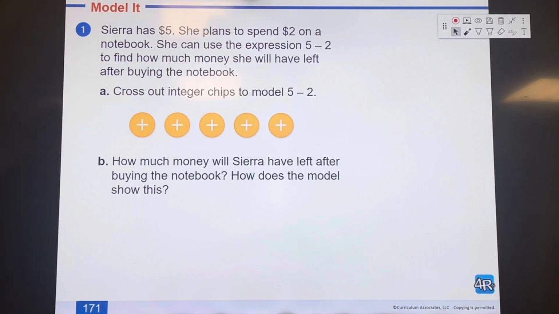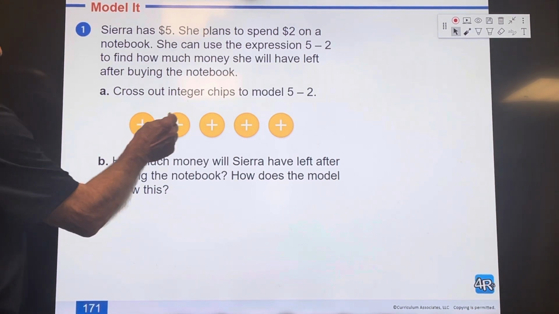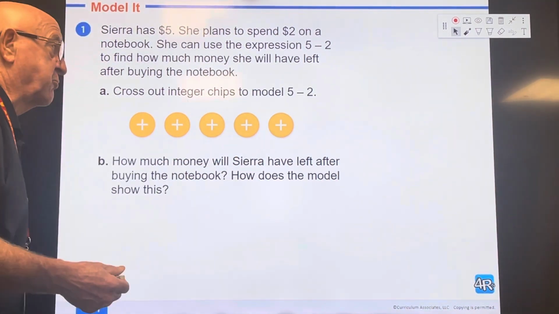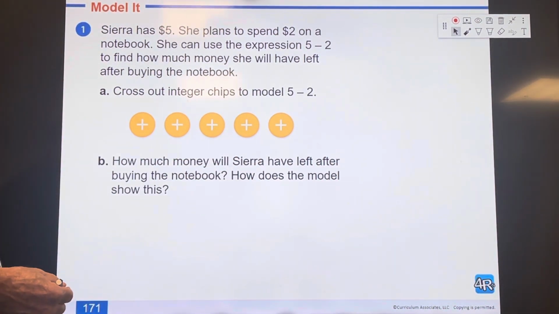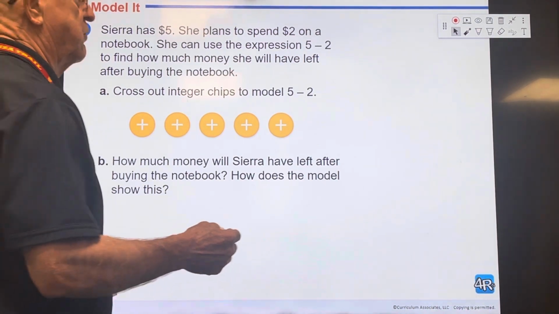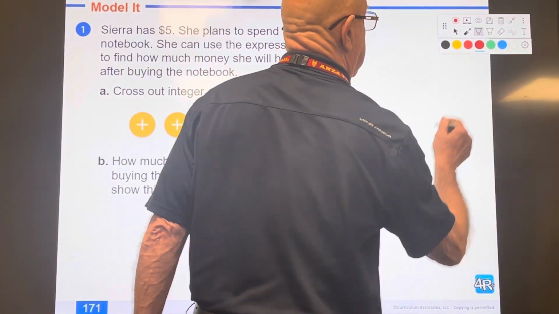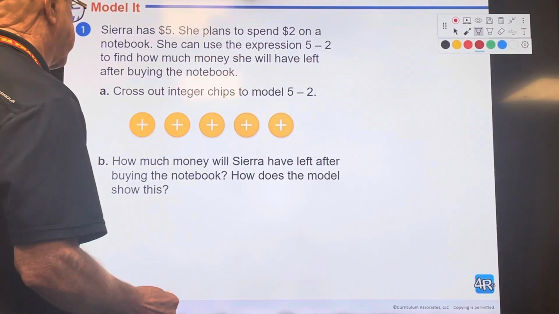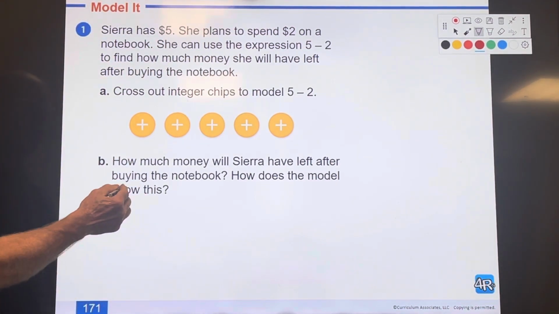Sierra has $5. She plans to spend $2 on a notebook. She can use the expression 5 minus 2 to find out how much money she'll have left after buying the notebook. If we do the counter chips, and these are positive chips, if she spends money, we can cross out those chips by using a negative chip.